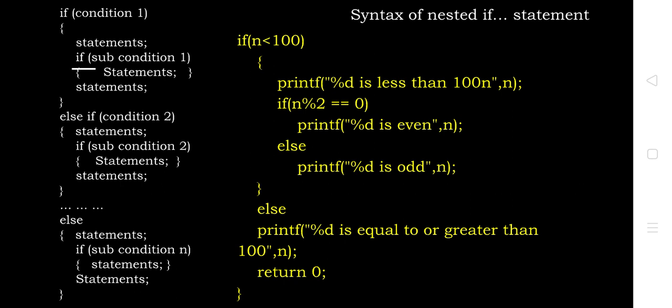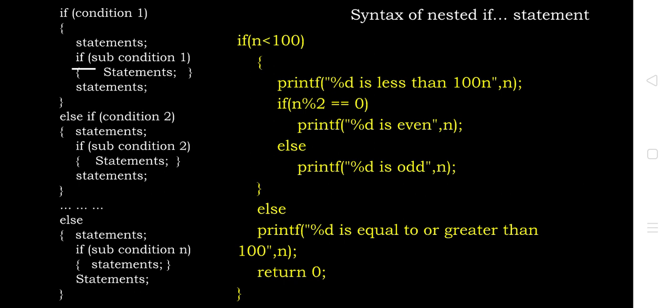If n is less than 100, print the message that the value n is less than 100, and we check whether it gives some remainder. This decides whether the number is even or odd.